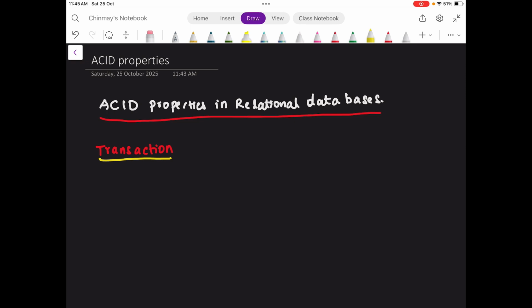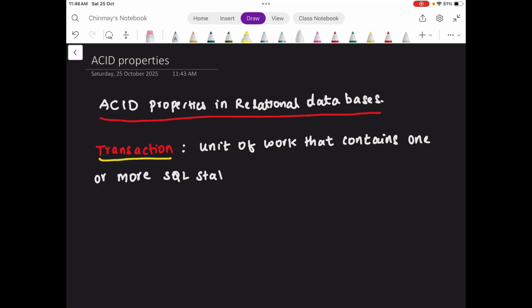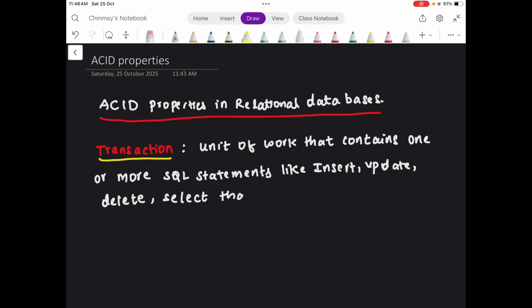A transaction means a unit of work that contains one or more SQL statements, like insert, update, delete or select, that can be treated as a single action.